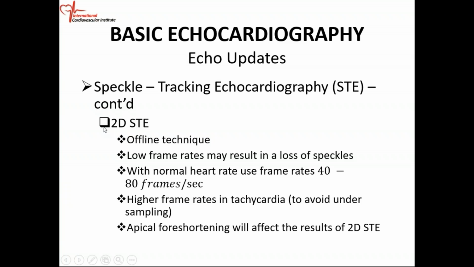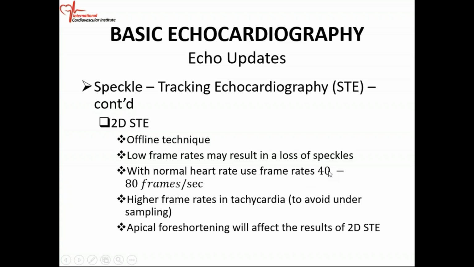It's an offline technique. This is 2D speckle tracking echo. You don't want to use too low a frame rate. You want a frame rate between 40 and 80 frames per second, so not lower than 40.